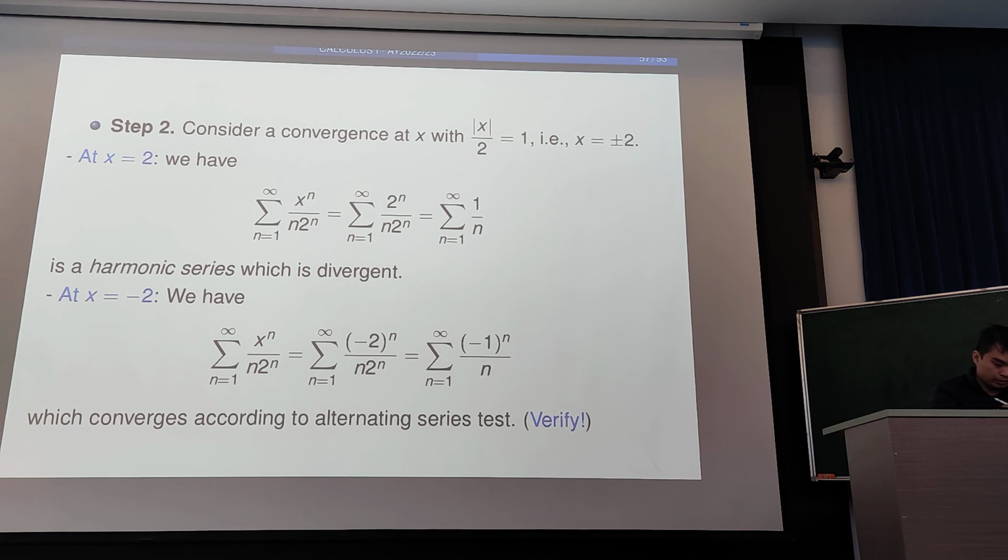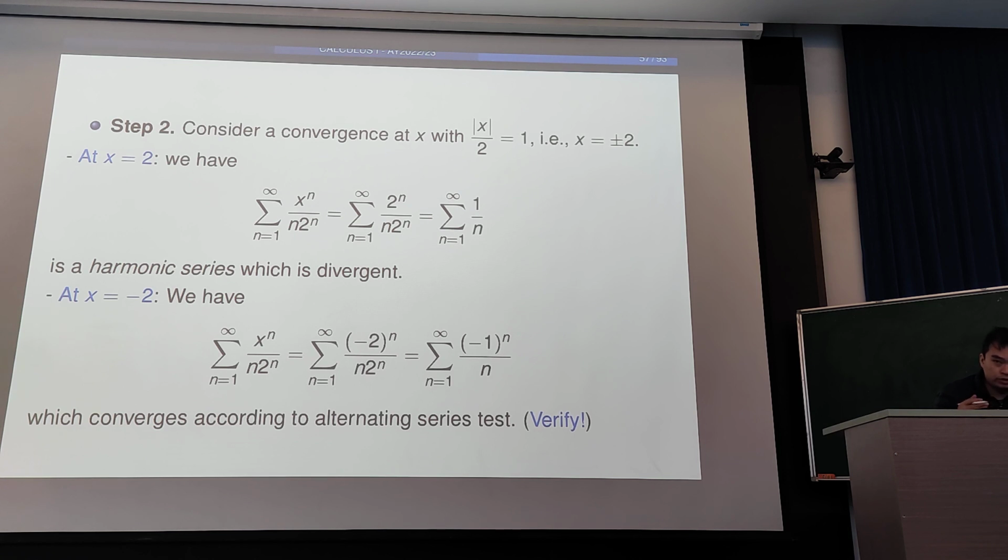You just need to substitute the value of x into the formula of the series. Then you will get this normal series. And after calculating, you get this harmonic series, right? And we know from the last lecture that this harmonic series diverges.